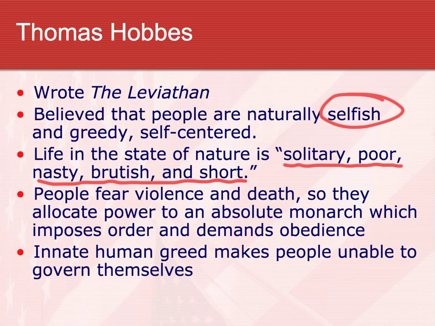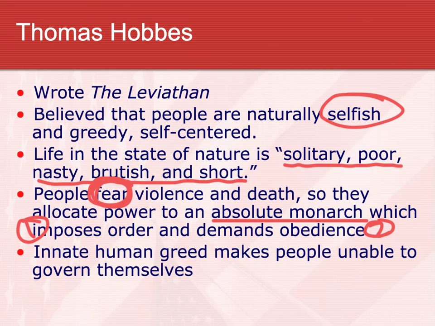And it's that fear, the fear of violence and death, that made people in the past come together and give power to an absolute monarch. And that absolute monarch does two things. Number one, he imposes order, and number two, he demands complete obedience. And in the ideas of Thomas Hobbes, we should give that to them.